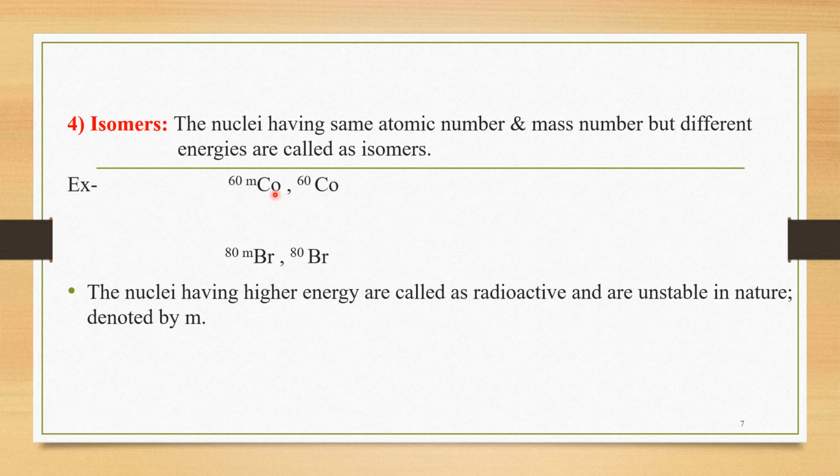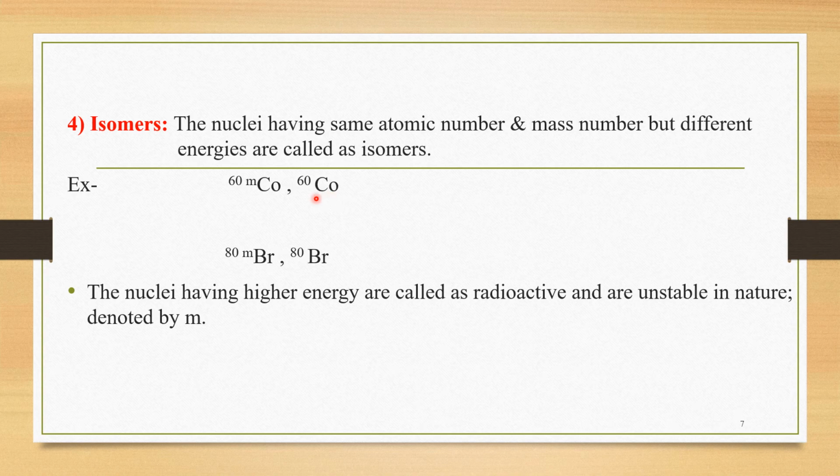So we can say that among these two nuclei of the same element, one nucleus is present in a metastable state, the second is present in a ground state. Whenever a nucleus is present in a metastable state, it is unstable in nature. It becomes stable by emitting the excess amount of energy and returns to the ground state, and that's why it becomes stable.